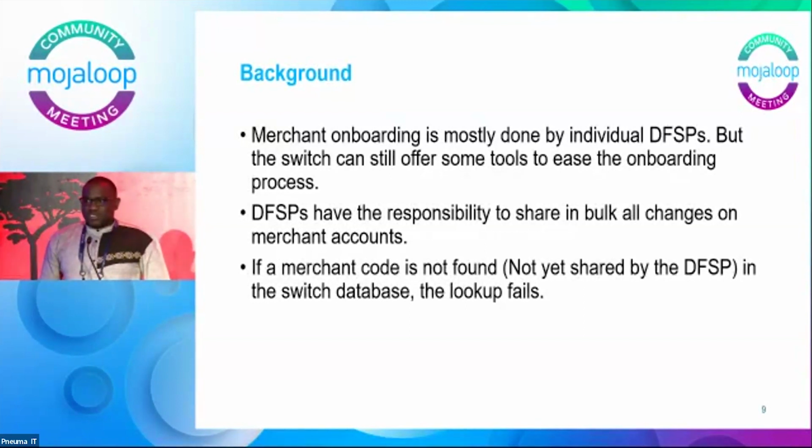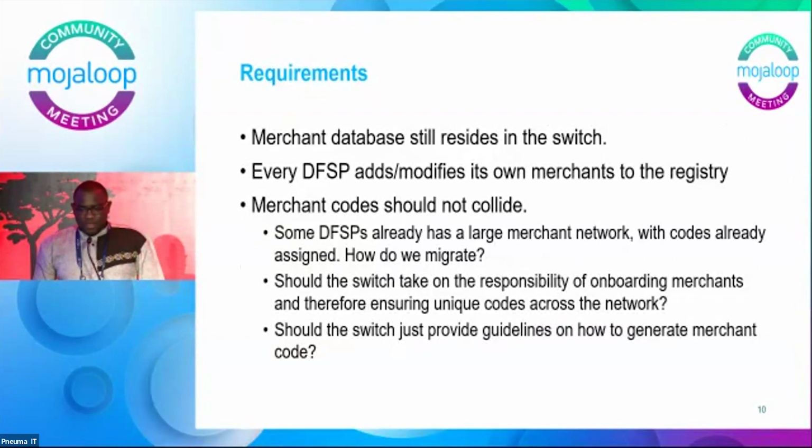And DFSPs have the responsibility to periodically push changes, whether it's new merchants or existing data that have been updated, to the switch. With that, if any merchant is not available in the switch, in terms of payment through this switch, it is considered a non-existing merchant, even though the merchant might already have been registered at the DFSP level.